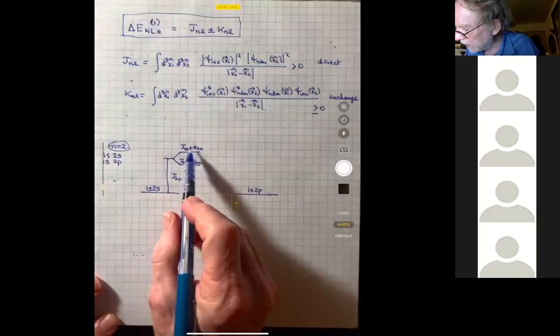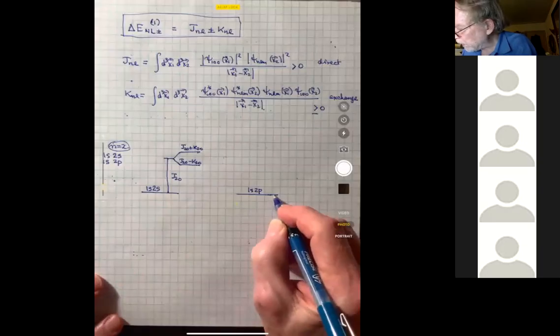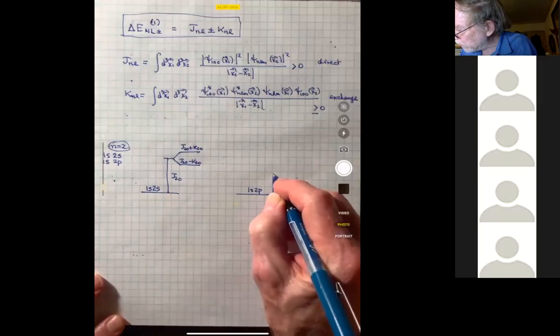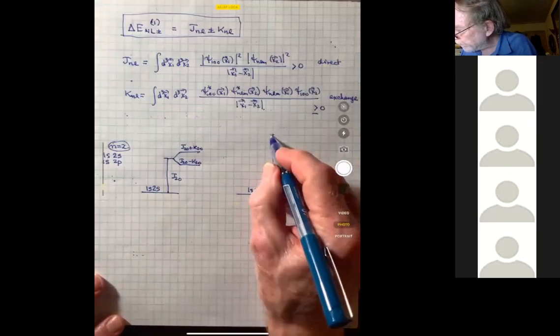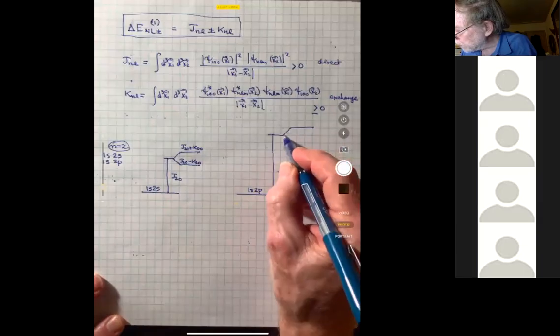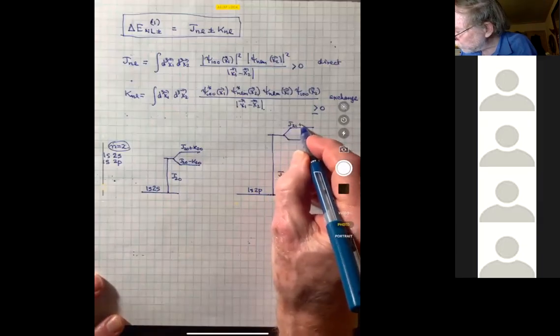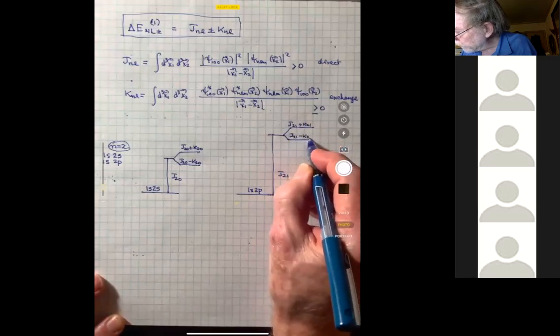And remember that sign is the sign of the spatial exchange symmetry. Likewise, for the 1s2p, it turns out the J21 is larger. Numerically, it turns out that way. And then the K gives us, again, a plus and a minus. It looks like this. So you have J21 plus K21 and J21 minus K21.